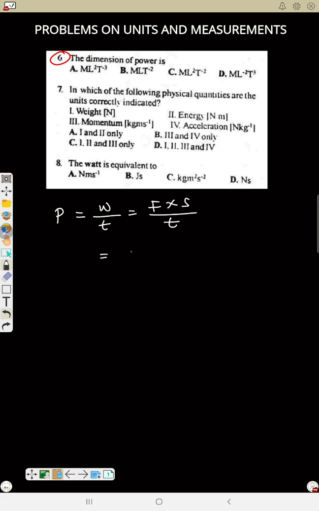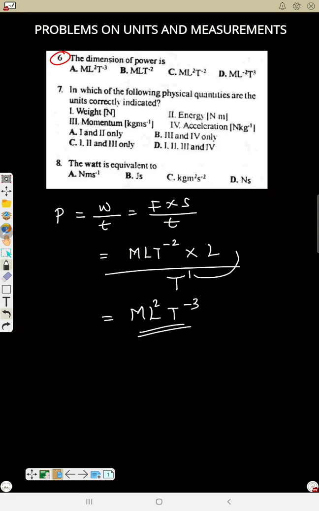So we know dimension of force as M L T raised to power minus 2, and displacement as L over time T. So this will be M L squared T raised to power minus 3, because this one will go up. So that means the correct answer is A.